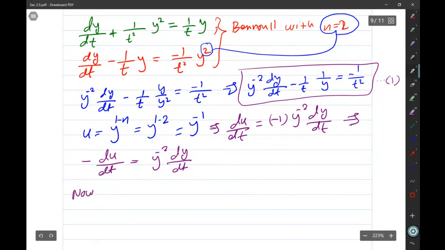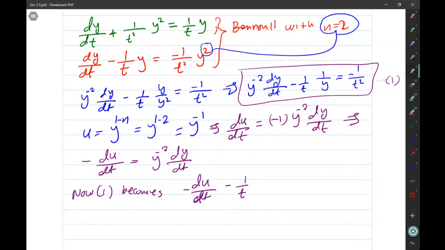Now, equation number 1 becomes: replace y to the power minus 2 dy by dt by its value, minus du by dt, minus 1 by t times 1 by y, which is u, because it is y to the power minus 1, is equal to minus 1 by t squared.